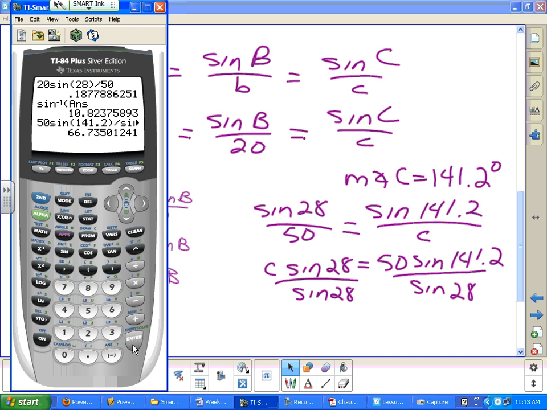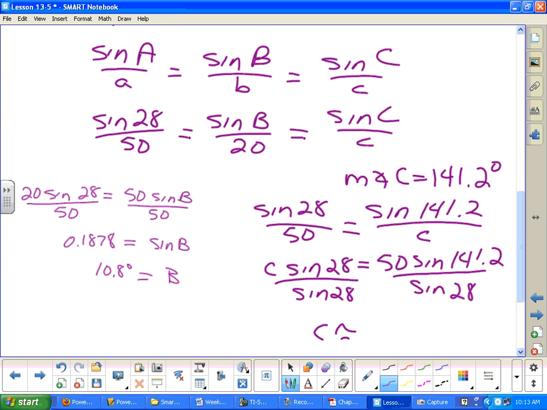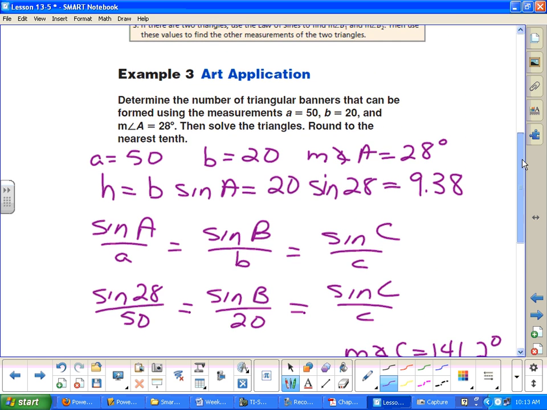And that better be longer than 50, when I'm done. And it is. Side C is approximately 66.7.